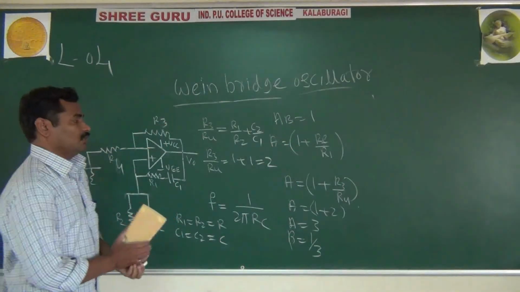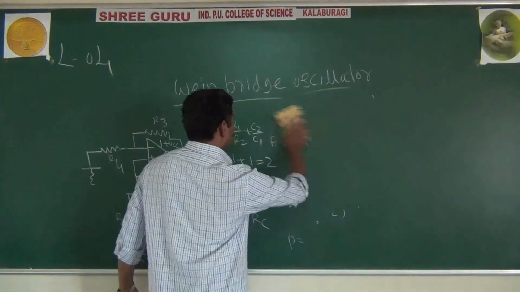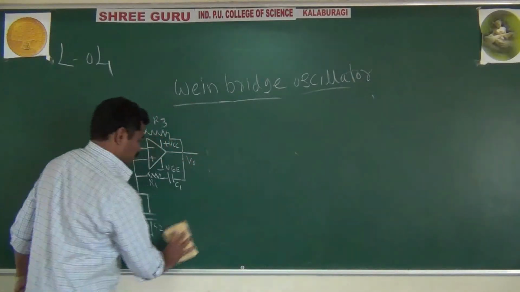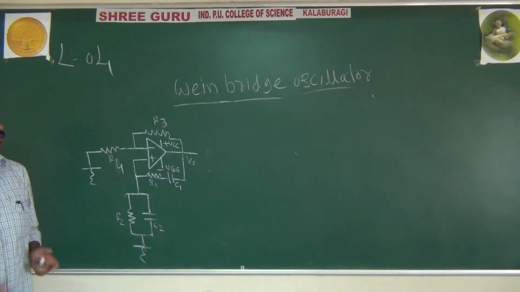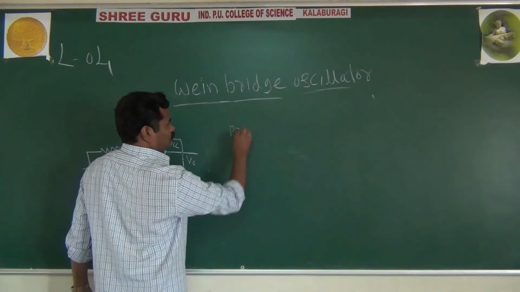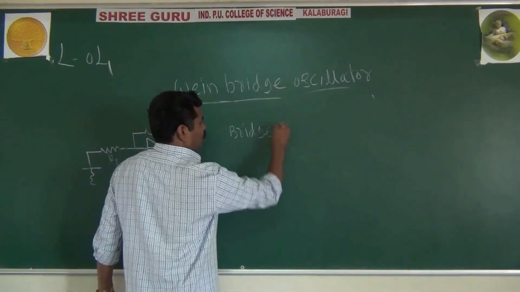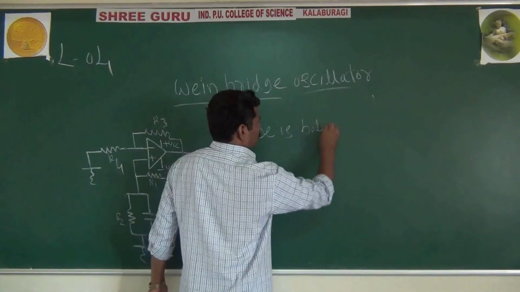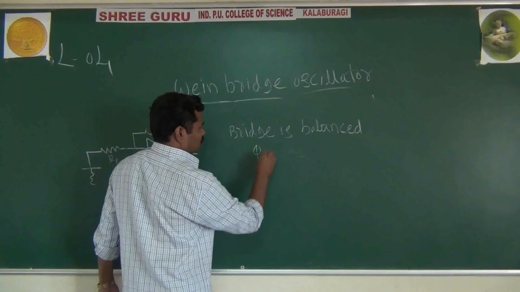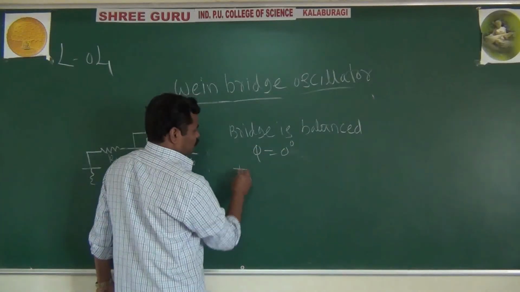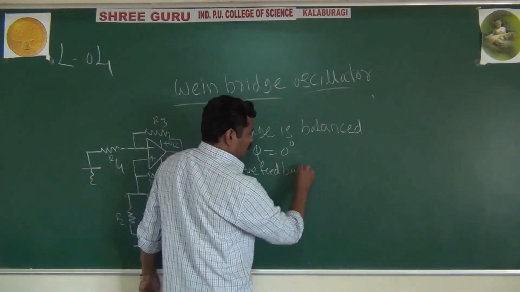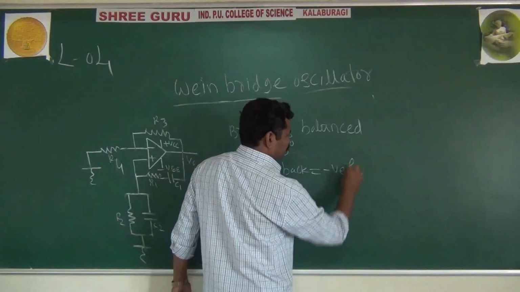As I said, another important thing is that whenever the bridge is balanced, the phase angle is 0 degree and the positive feedback equals the negative feedback.